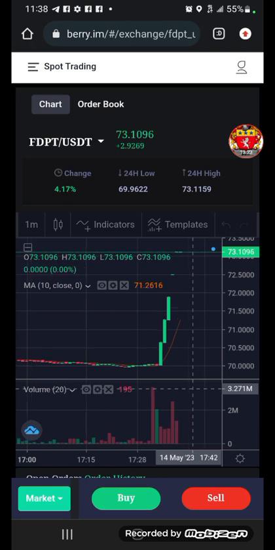And some people like to wait to see how much extra it's going to go up and then capitalize off a few pennies. But I like to just hit the target because it's a sure thing.